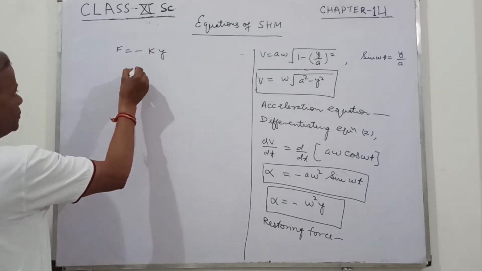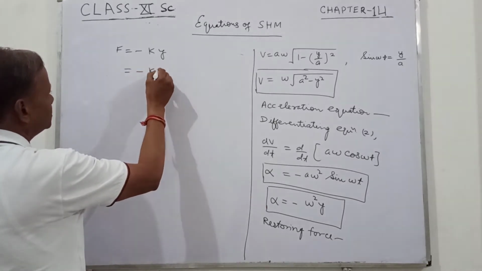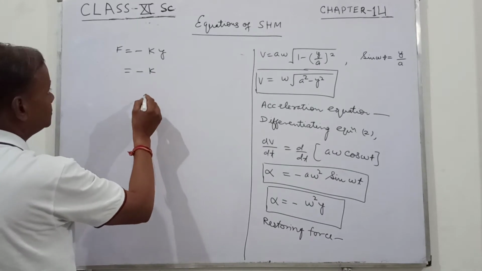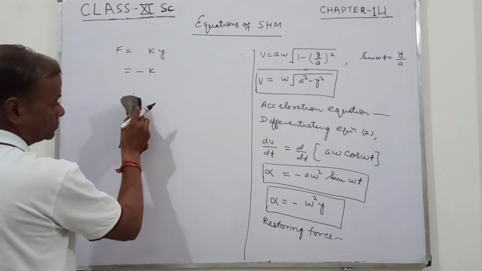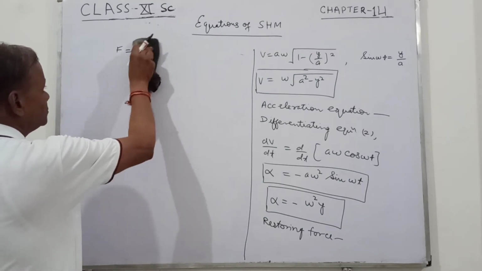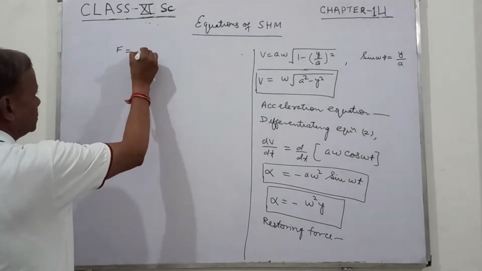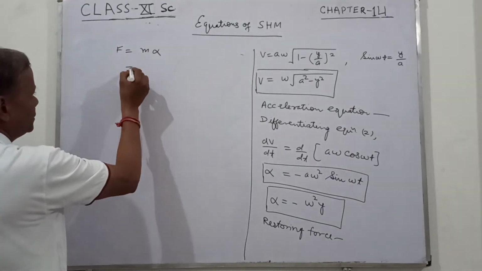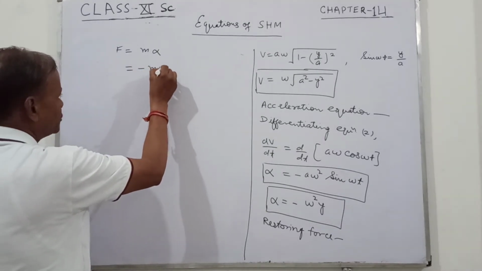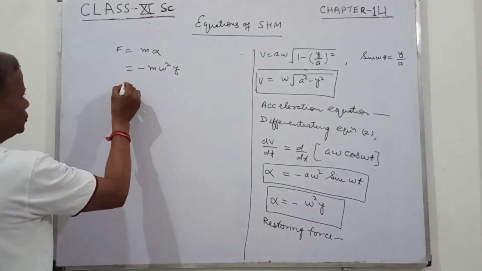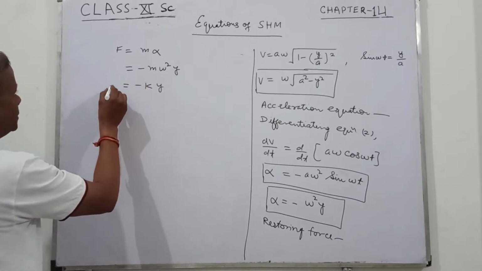Also F equal to m into alpha, and this alpha equal to minus omega square y. So this is equal to minus ky. This is equal to F.